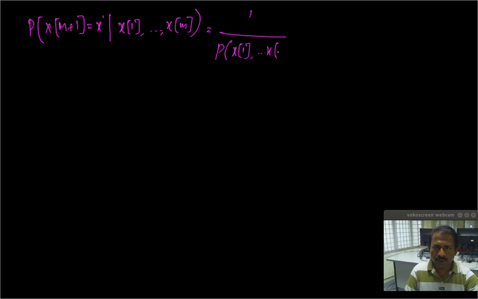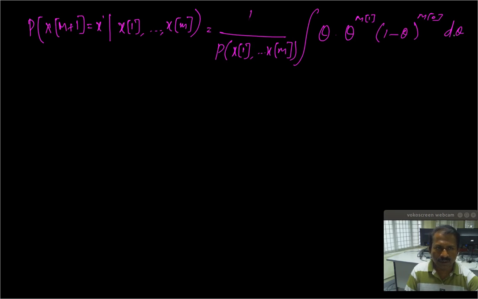That is the integral of the prior probability P of theta multiplied by the likelihood function that we computed earlier, with m of 1 heads and m of 0 tails.